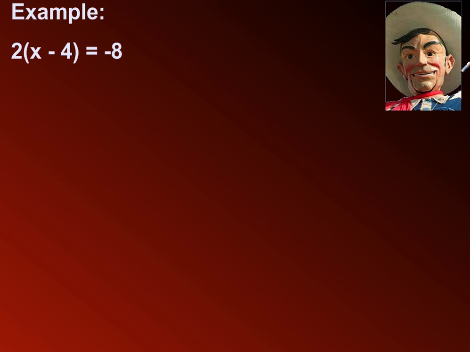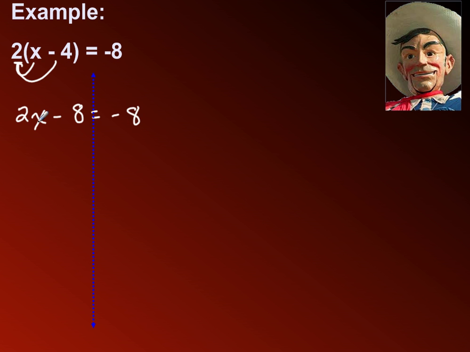Next one. First thing you're going to have to do is distribute. Alright, so that means that this 2 gets multiplied to this x and to this 4. It's got to be to both of them, so it's going to be 2x minus 8 equals negative 8. I build my line, solving for x.